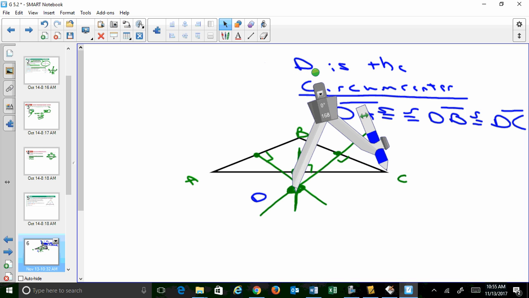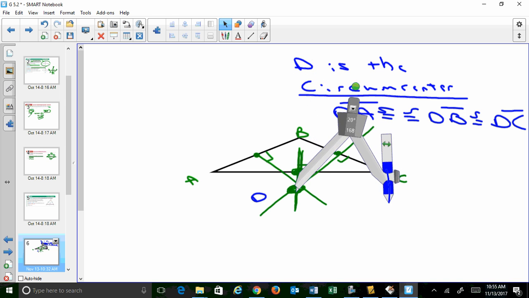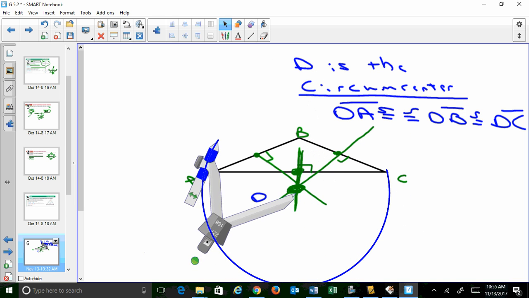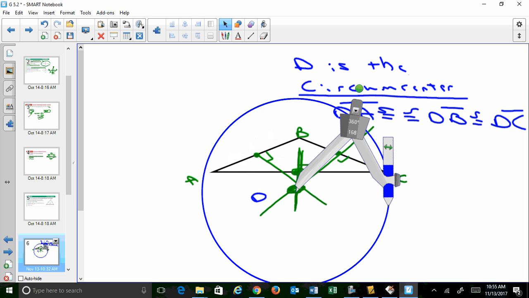Okay, there we go, about point C. Now I'm going to wrap it around and cross my fingers that it gets kind of close to A and B. All right, it's going around. That's kind of close, and this one's way off. Okay, but if I would have taken the time to actually measure it out, all three would be a hit, and it'd be equal distance to all three.